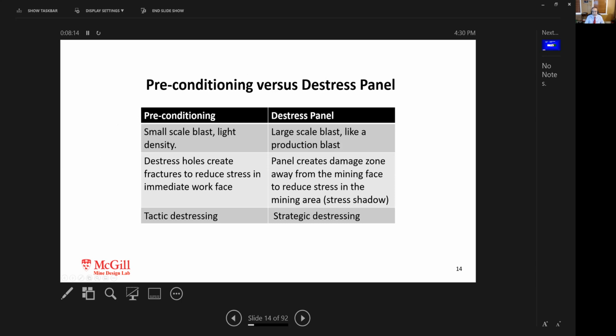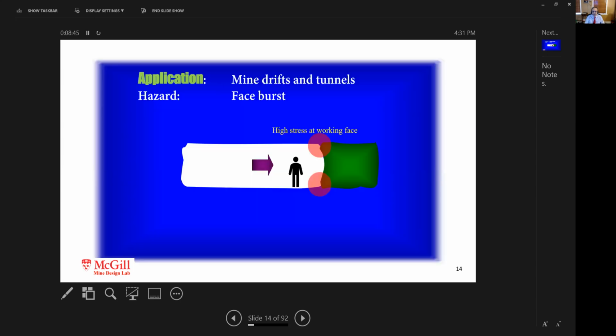It's like a production blast, and the goal is to completely fragment and damage the panel away from a mining phase, in order to reduce the stress in the mining area of interest by creating a stress shadow. This is something that would take much more than two days to do. It requires careful planning and long implementation time. So we're talking about months.